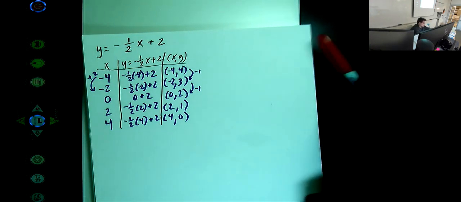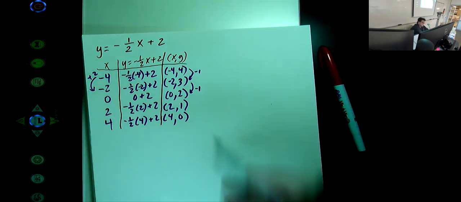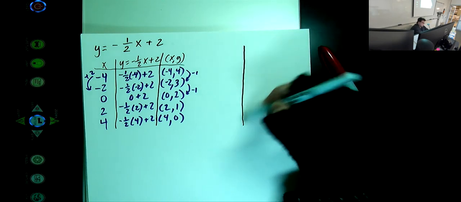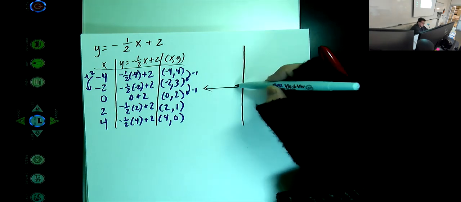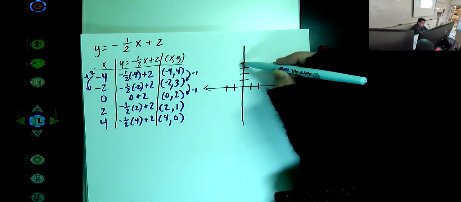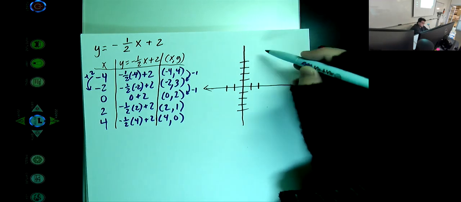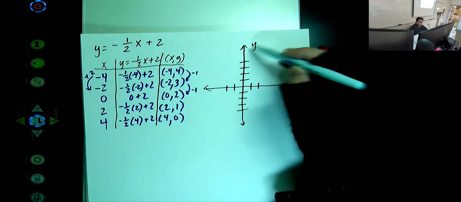So let's sketch out the graph. You want to put arrows on the axes to show that they keep going outward.